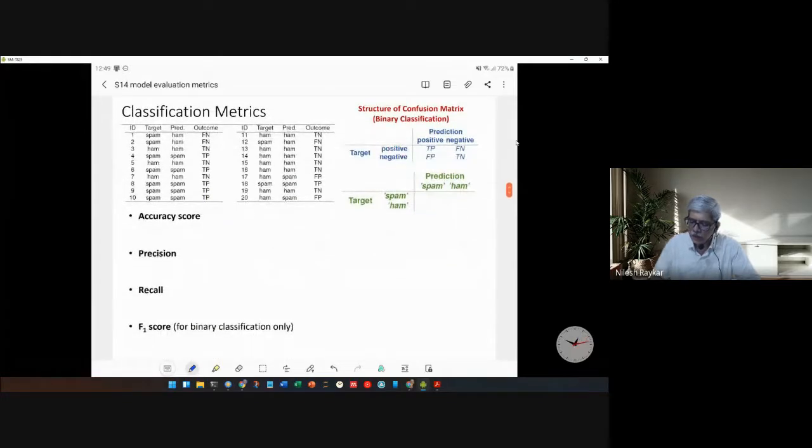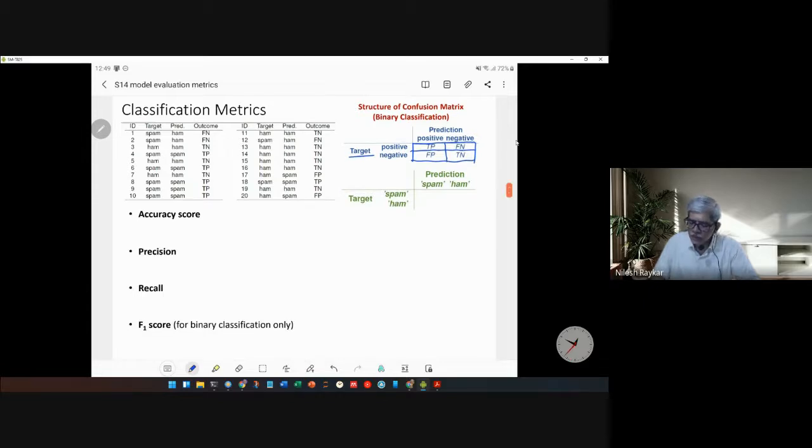So again, there are two styles of writing that. The style which I'm referring to here is based on the textbook. So your matrix is this one. It is a 2 by 2 matrix since there are four numbers. The column direction of this matrix is the target, or these are the actual labels.